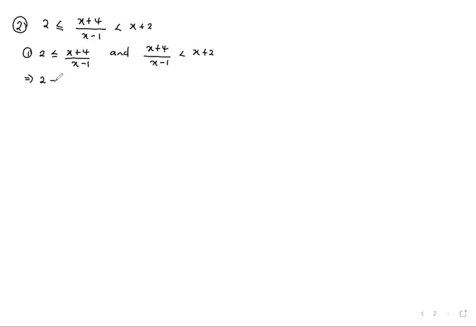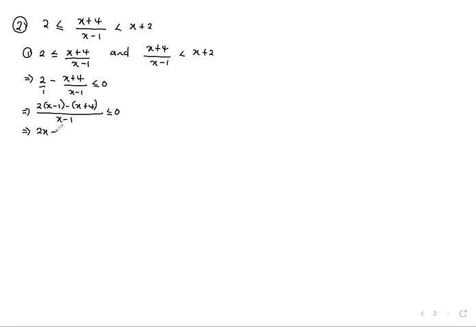That will be 2 minus x plus 4 over x minus 1 less or equal to 0, over 1 there. Get the denominator: 2(x minus 1) minus (x plus 4) less or equal to 0.